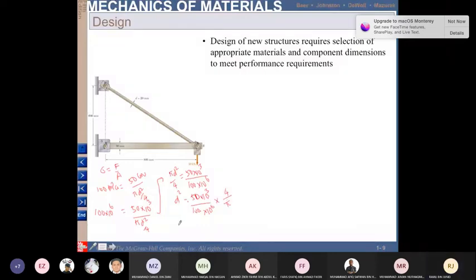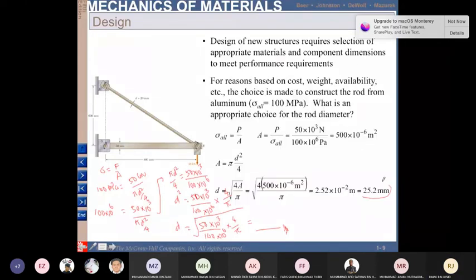Okay, and d you calculate. You just use calculator and you will get the value of d. So the new diameter would be 26 lah, 26 mm.